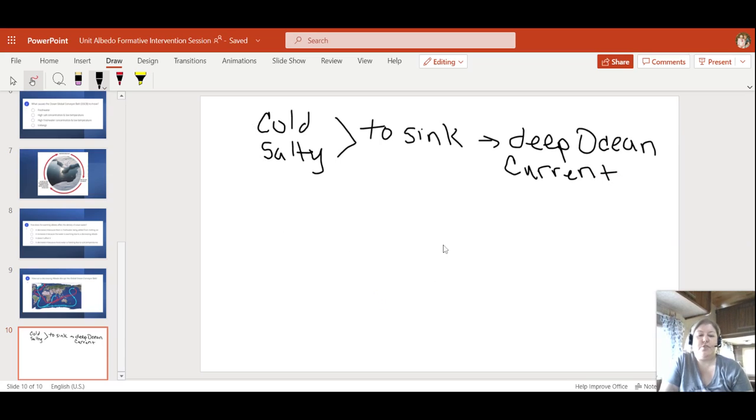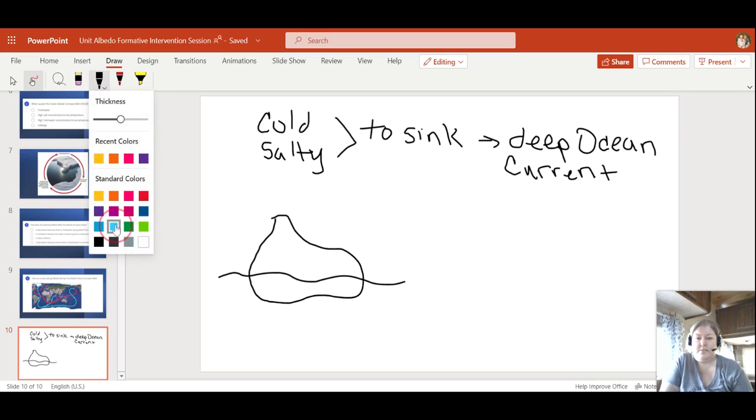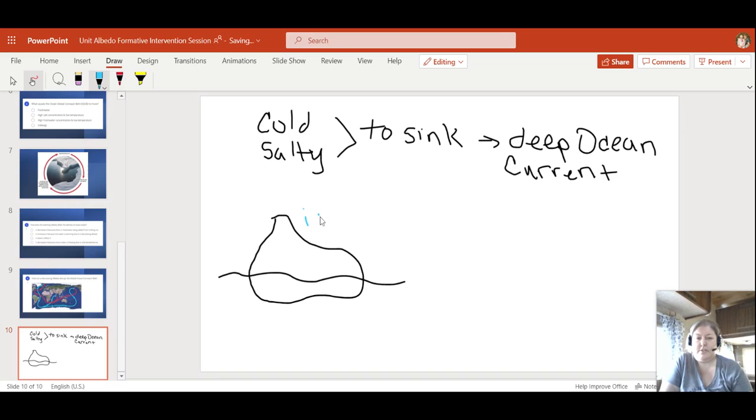Okay, so if we have icebergs or ice in general, so let's say we've got ice. I'm just going to make a picture of an iceberg. Okay, there's the water line. So let's change the color on this one. This is an iceberg.